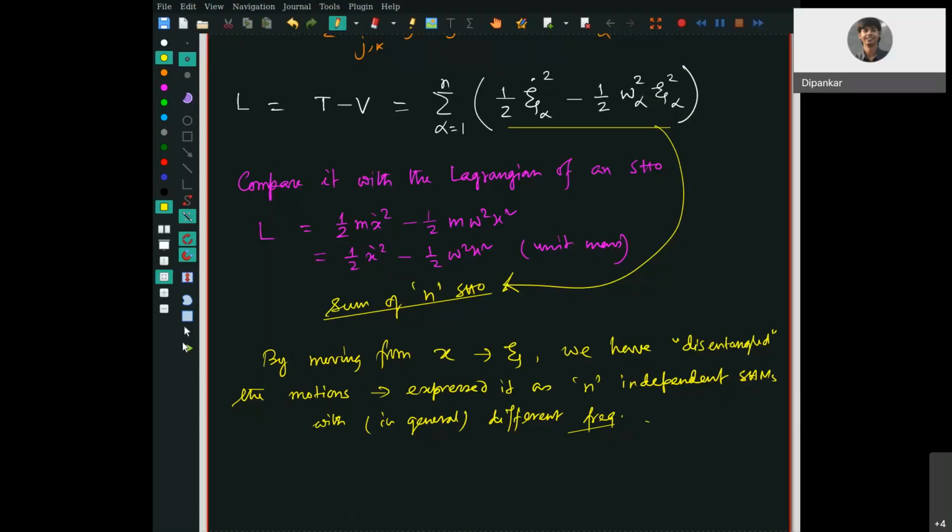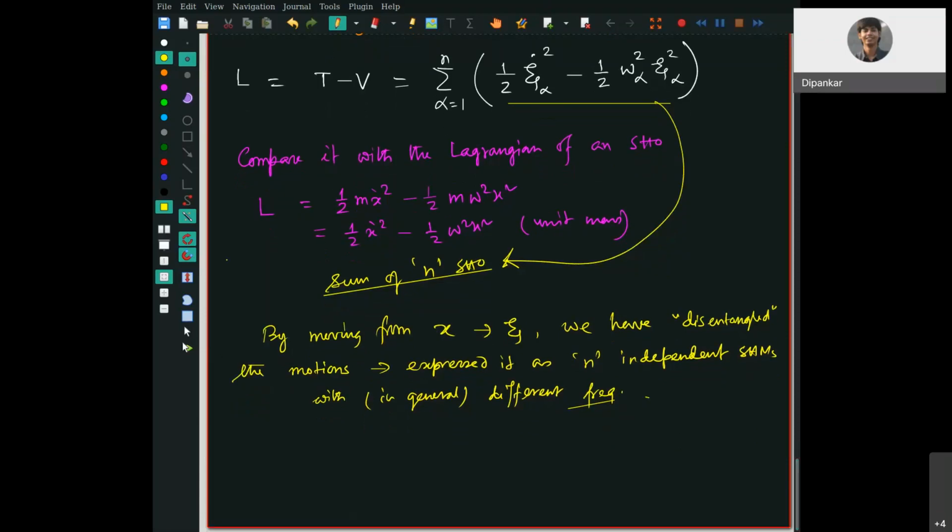Suppose you had originally your coordinates x1 and x2, and in the Lagrangian you had terms that were mixing between x1 and x2.